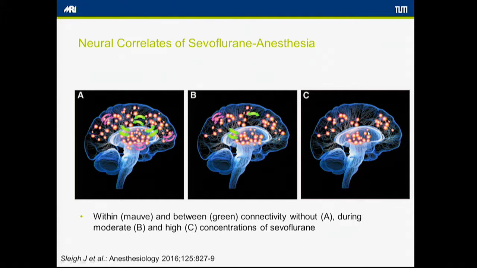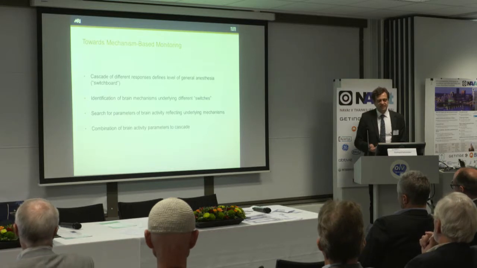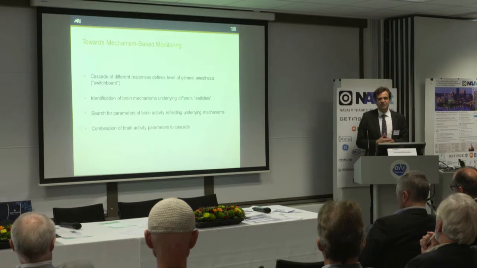So as a first step, the wider range connectivity is disrupted, and in higher concentration even the closer, localized areas are also disrupted. So there is a cascade of different responses, and these responses define the level of general anesthesia.